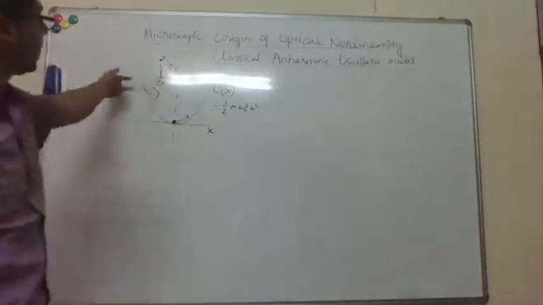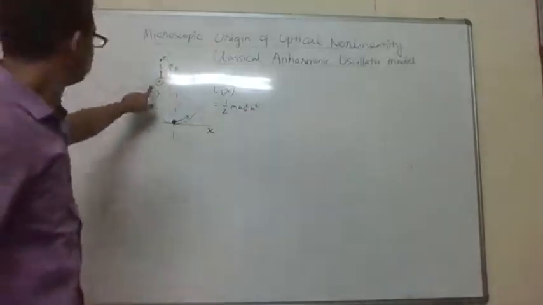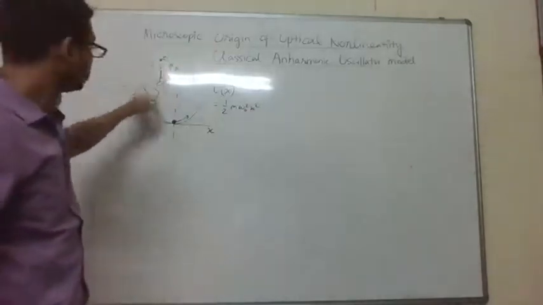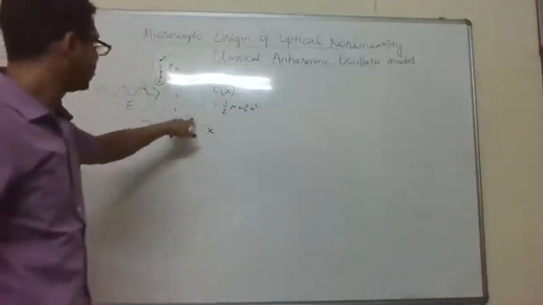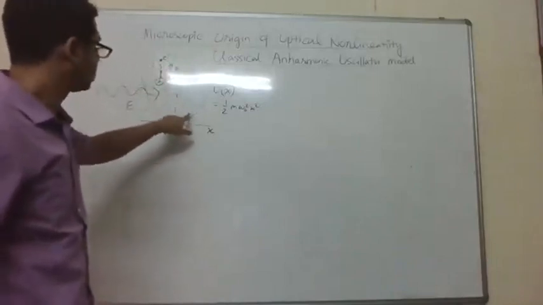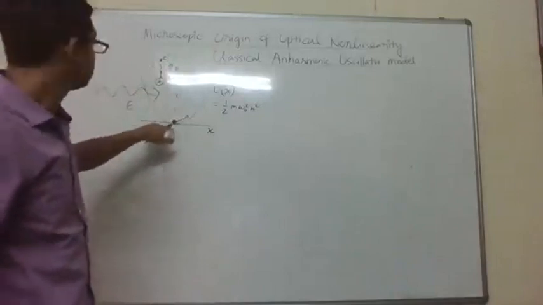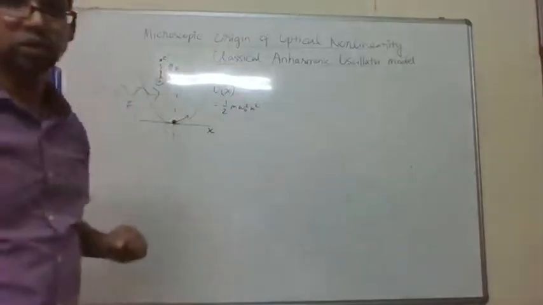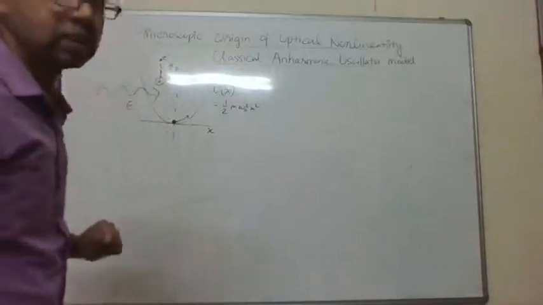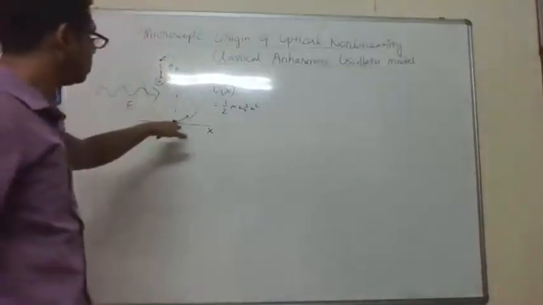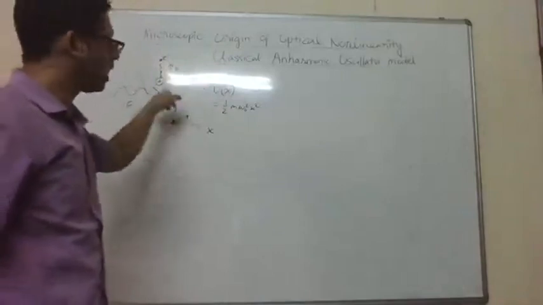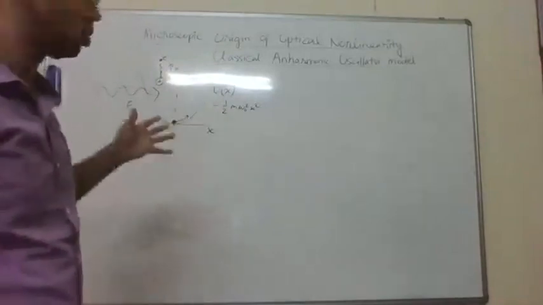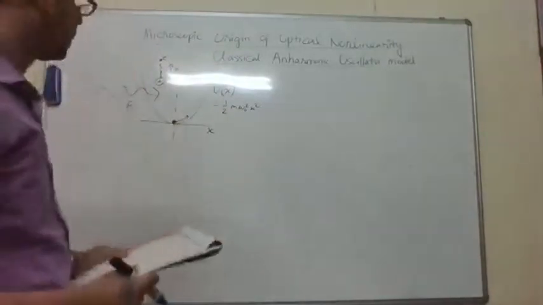The external electromagnetic wave displaces the electron away from the equilibrium position, and then there's a restoring force back towards the origin because of the force from the nucleus, right? So that's the classical harmonic oscillator model, or Lorentz model of the atom.